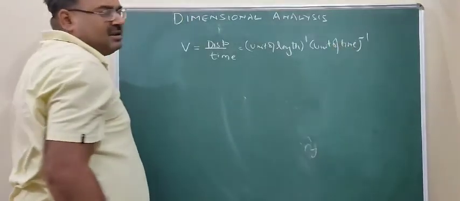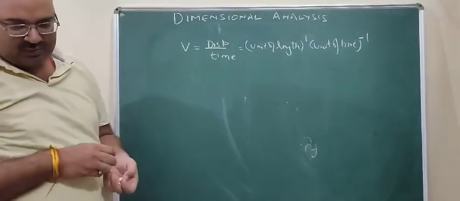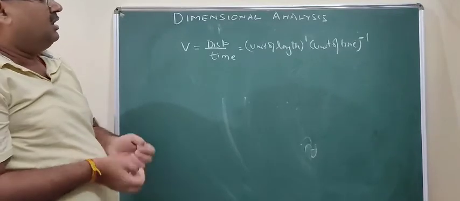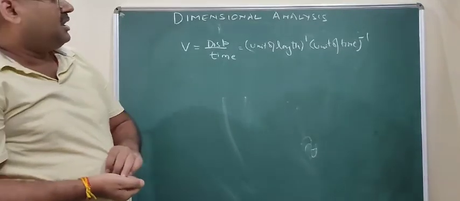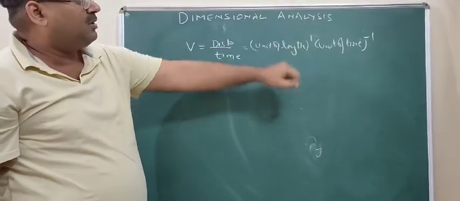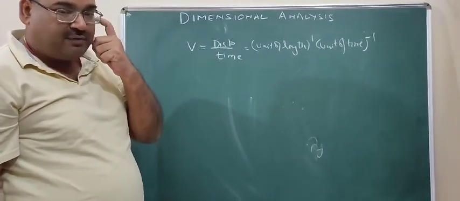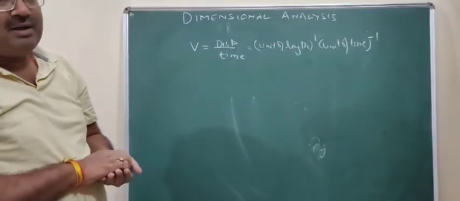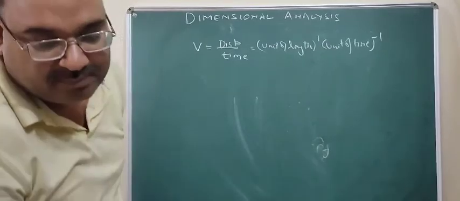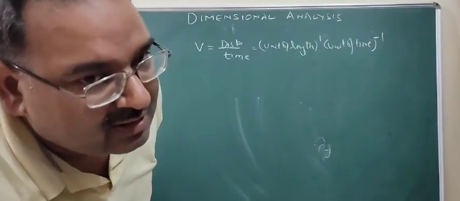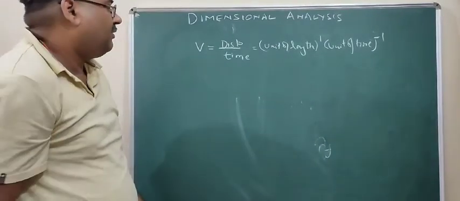This is the dimension. So the dimensions are unit of length raised to power 1 and unit of time raised to power minus 1. So these powers are known as the dimensions of velocity.